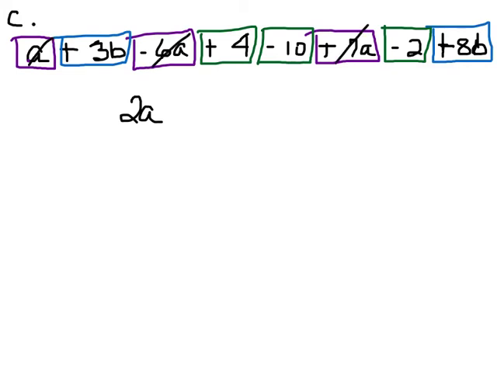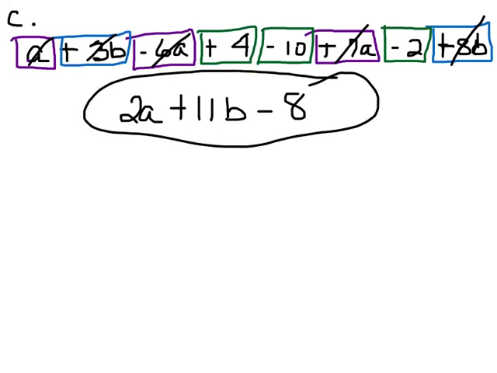Now our b terms, we have positive 3 and positive 8 for positive 11b. Mark those out. And then my ones terms, I have 4 minus 10 is negative 6, minus 2 is negative 8. And this is as far as I can simplify it. Can't do any more.